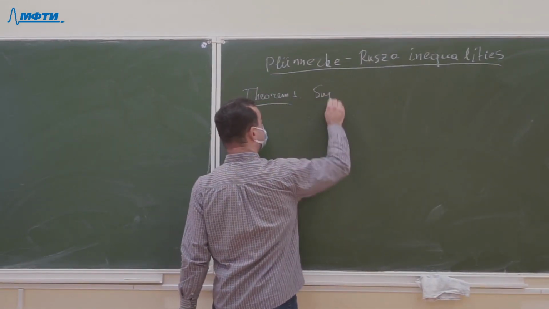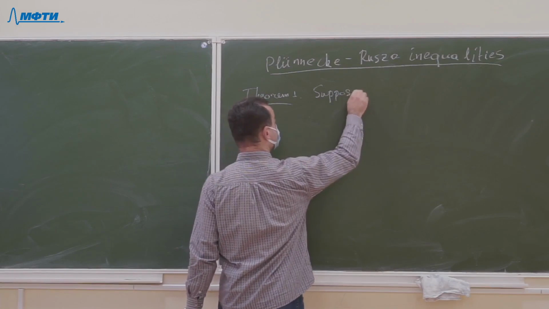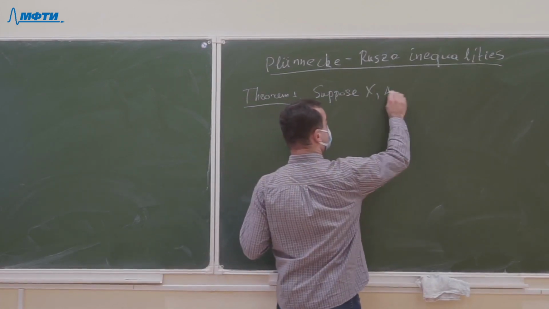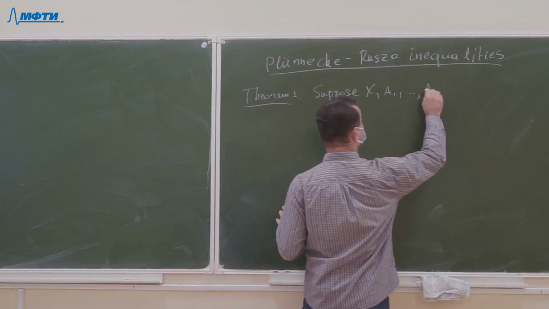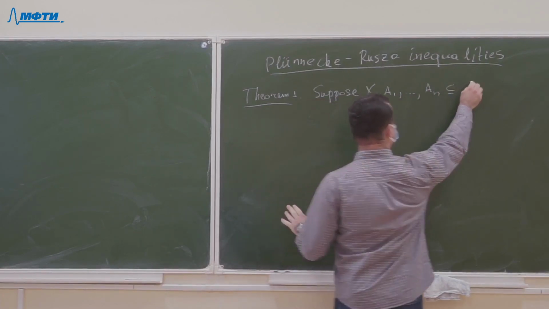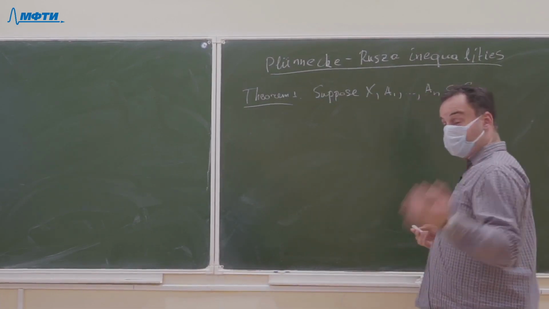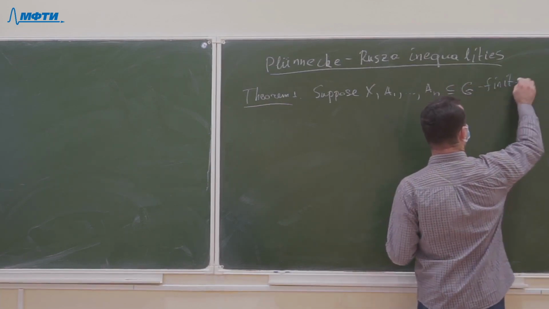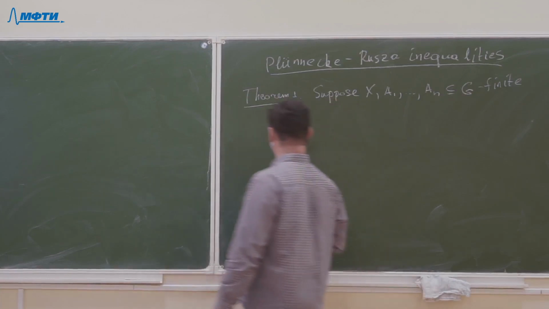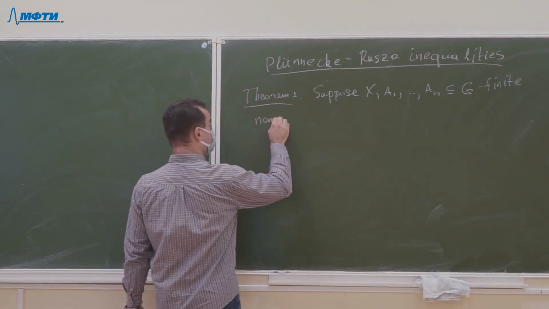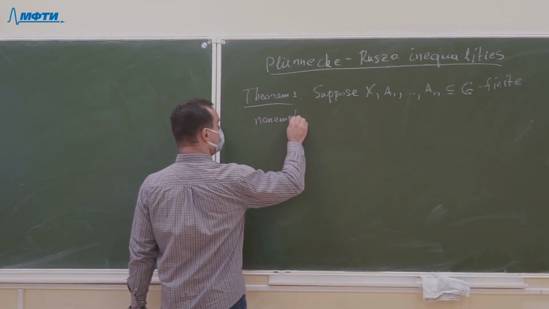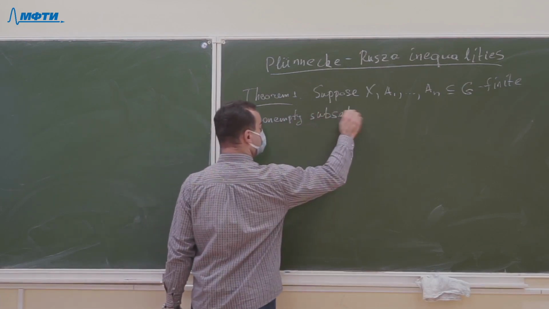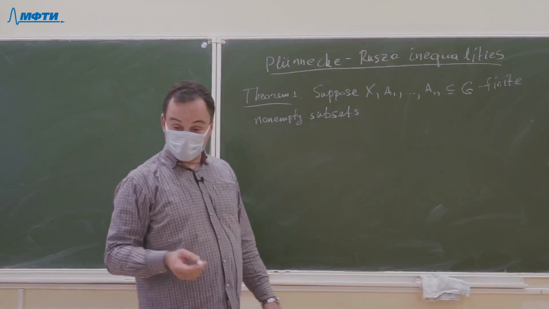Suppose x, a1, ..., an are finite non-empty subsets of an abelian group.